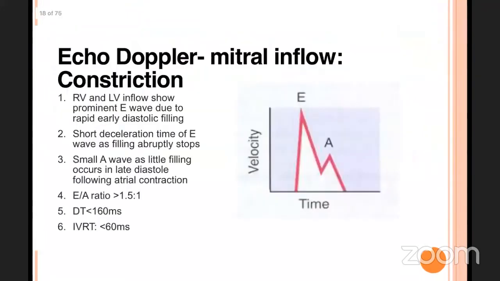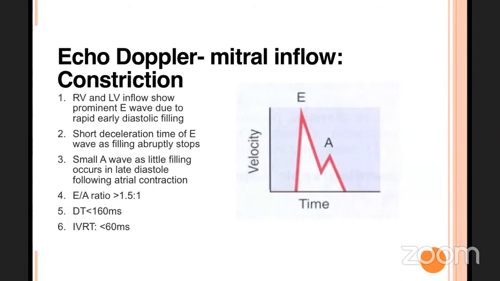Now, the second common thing between constrictive pericarditis and restrictive cardiomyopathy is what we call the restrictive flow pattern across the AV valves, both across the tricuspid valve and across the mitral valve. What we are aware of is the restrictive pattern of mitral blood flow, where the E by A ratio is usually between 1.5 and twice the normal value.